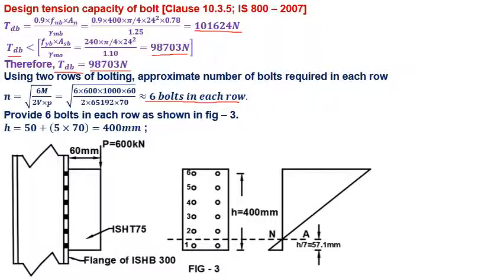Now we calculate the distance h. The end distance is 50 and the pitch we have to consider is 70 mm.